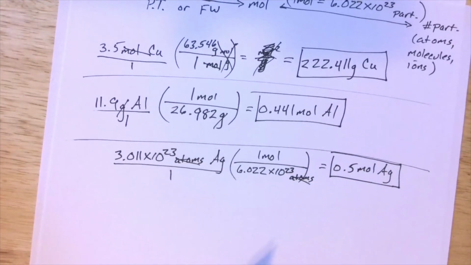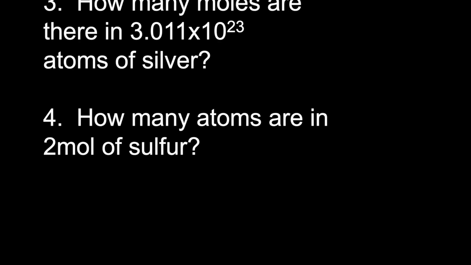All right, so let's move on to the next one here. Number 4. How many atoms are in 2 moles of sulfur? Now if you think about it, it kind of makes sense. It's kind of like saying, if you have 2 dozen eggs, how many do you have?